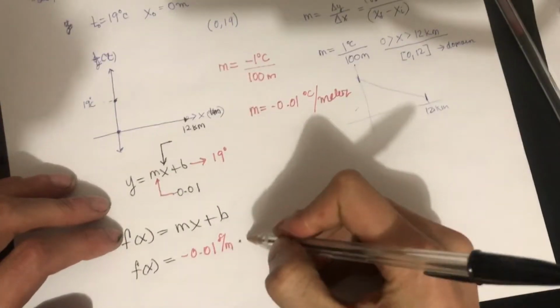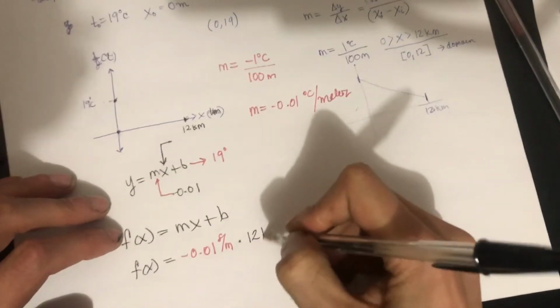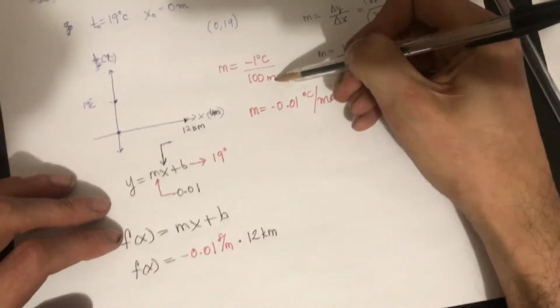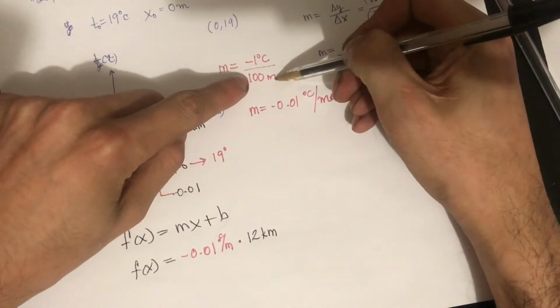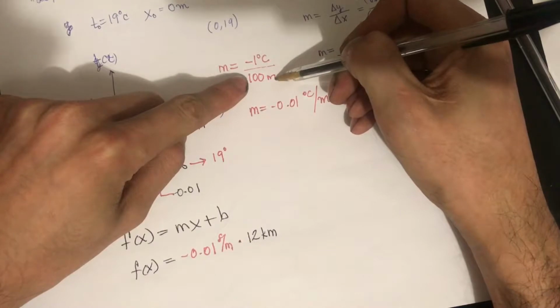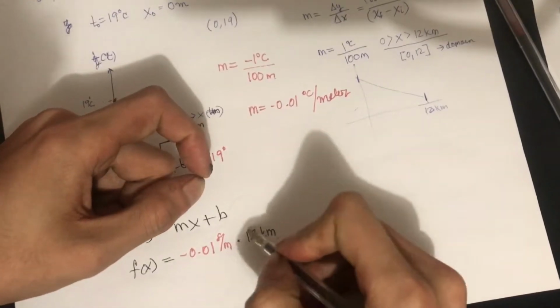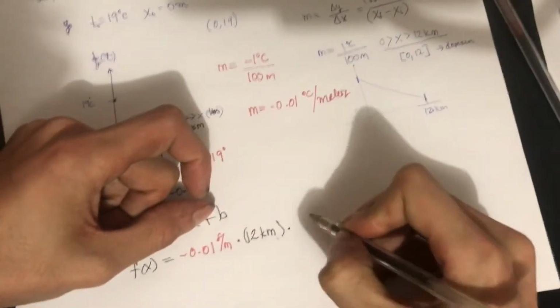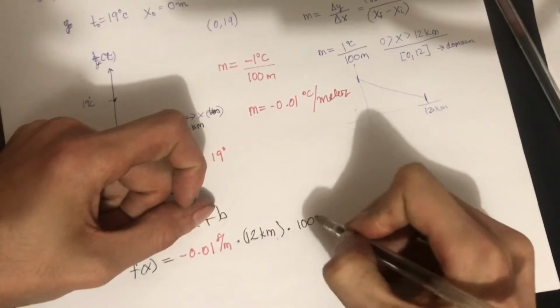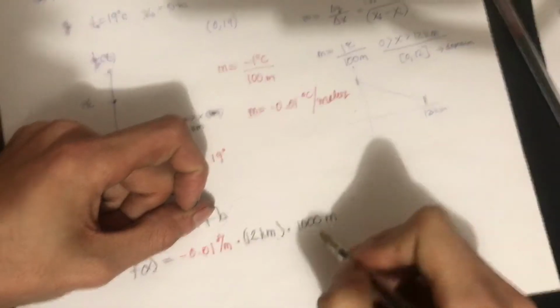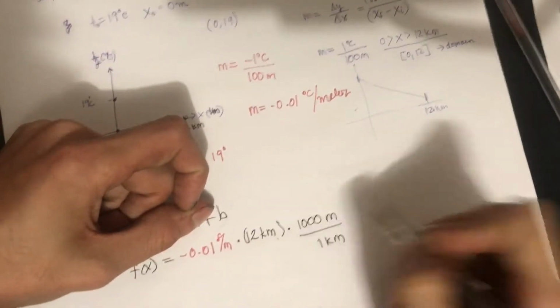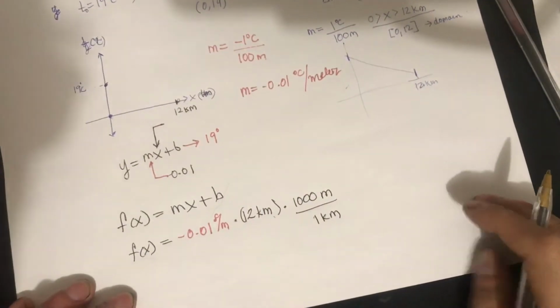That is 12 kilometers. Careful here, this is meters. If we express this as meters, we have to express this as meters as well. So 12 kilometers times 100 meters over 1 kilometer.